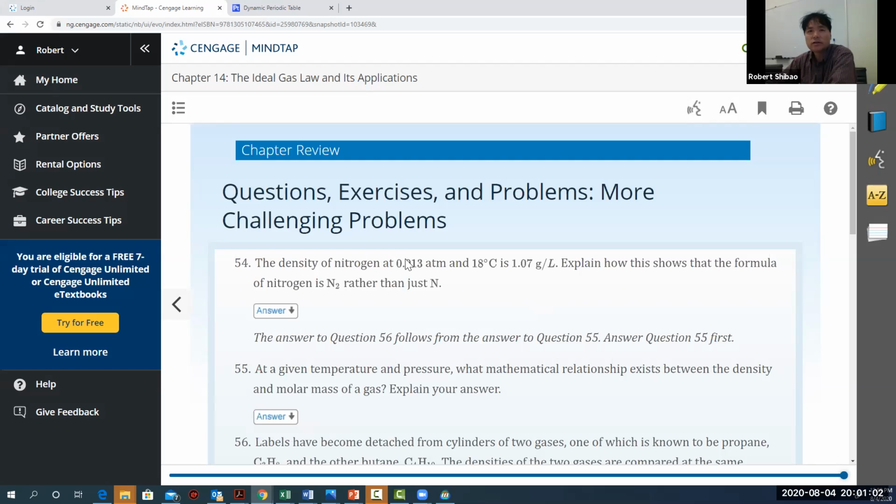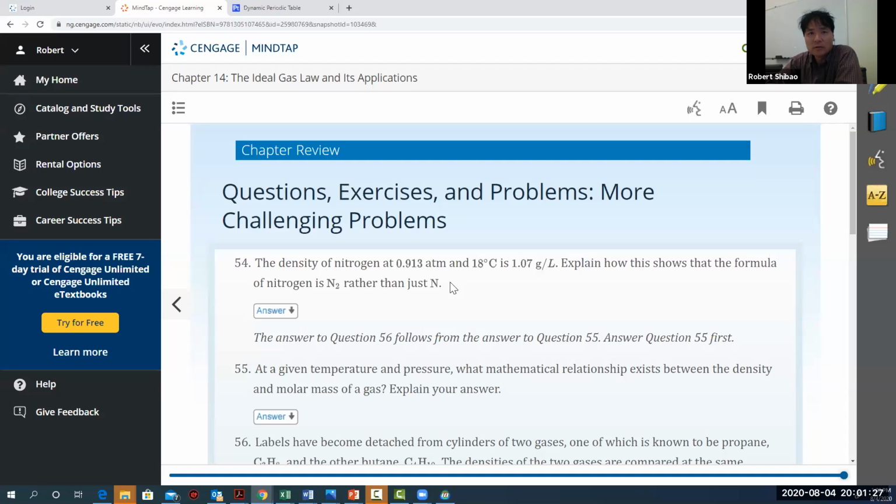The density of nitrogen at 0.913 atmospheres and 18 degrees C is 1.07 grams per liter. Explain how this shows that the formula of nitrogen is N2 rather than just N. Well, we know the molar mass of a gas is related to these characteristics as well. And so the molar masses of these are totally different.